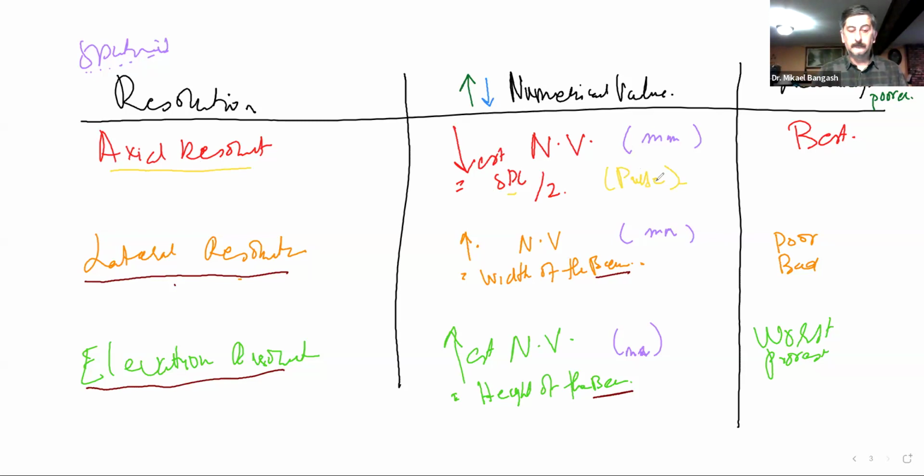So the size of your pulse plays a vital role in determining your axial resolution, where the width of the beam and the height of the beam determine the lateral resolution and elevational resolution of your beam.